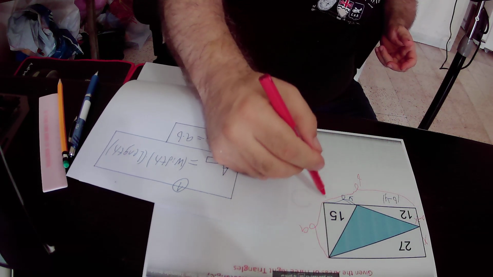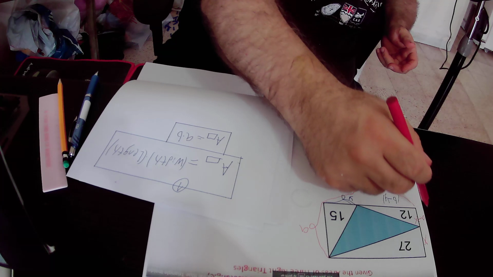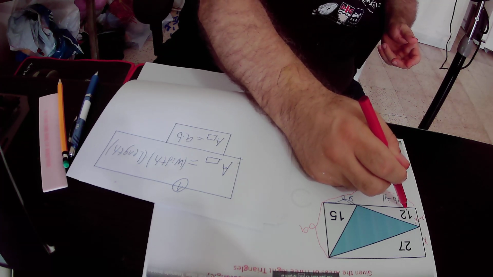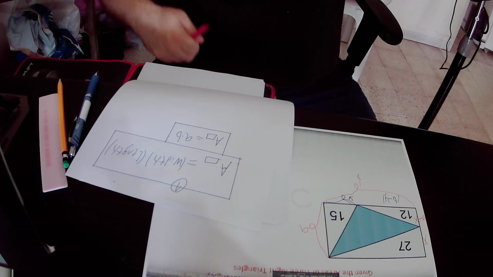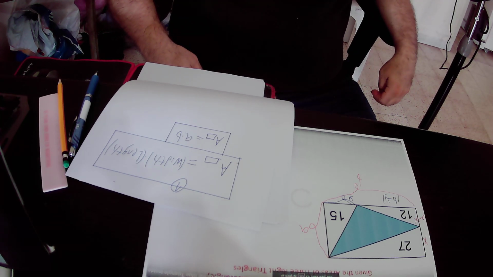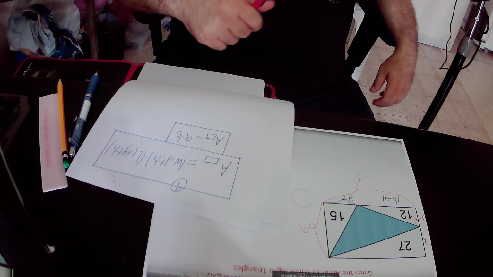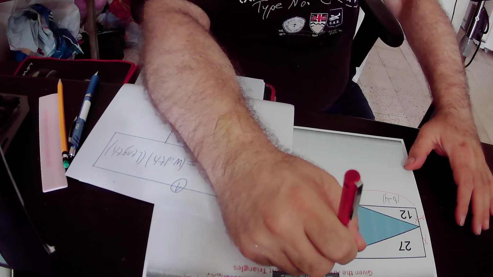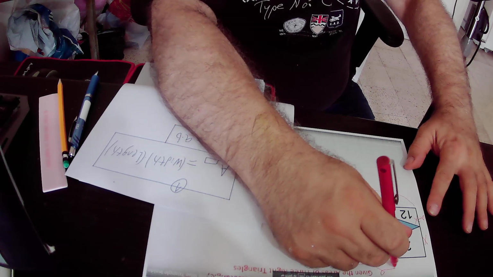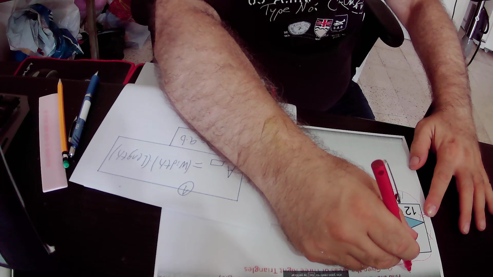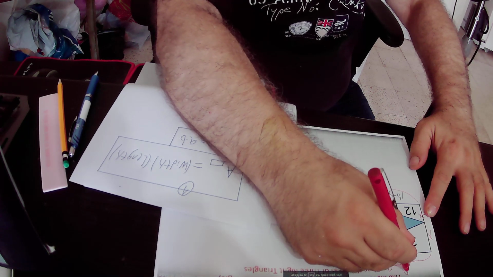So a minus x is the height of the triangle whose area is 12 units. And we can also add that the length of the rectangle is b, so I will write it here.